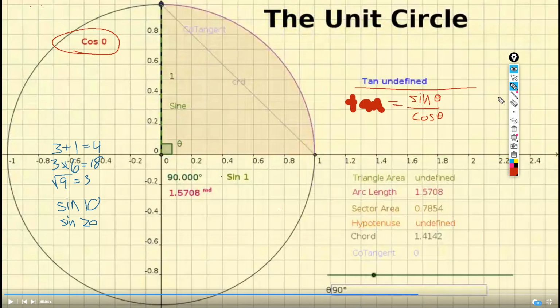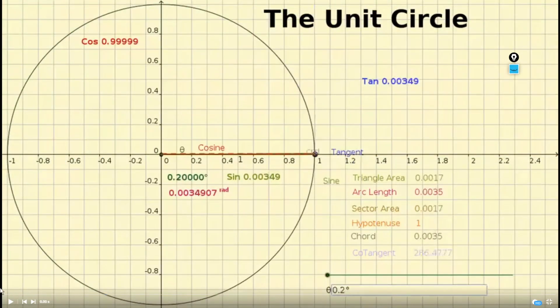Similarly, if we go all the way back to the beginning, cosine is almost 1, because this is my triangle, quote unquote. It's just a horizontal line. It's almost all horizontal, almost no vertical. So my vertical component is almost 0, and my horizontal component is almost 1, because it's almost the same as the hypotenuse.